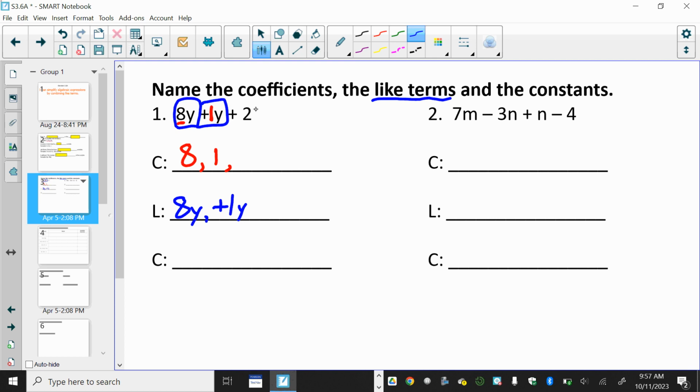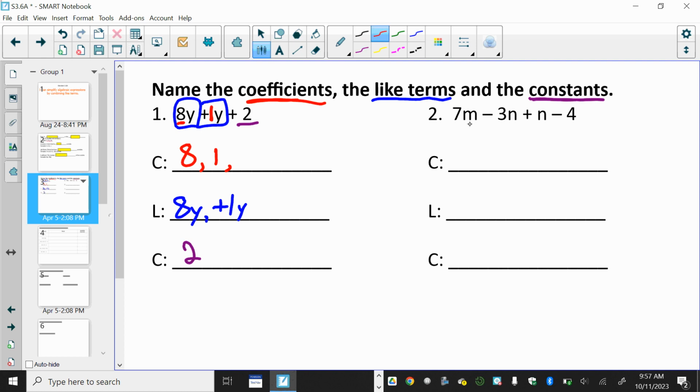Or if you had just 2 and then another constant, those would be listed here. So if I had plus 4 at the end, I would write 2 and 4 in like terms because those constants are like terms. Lastly, constants are any number with no letters. 2 is our constant.